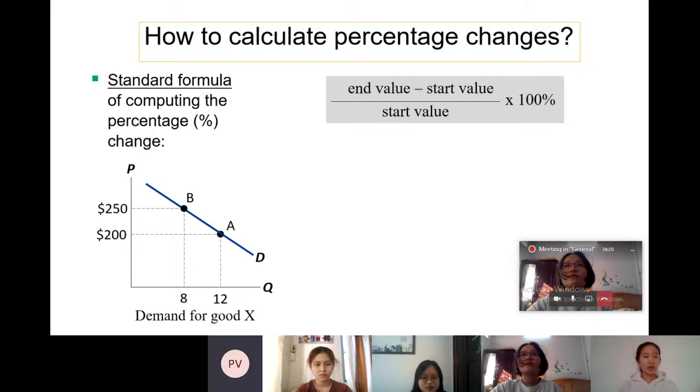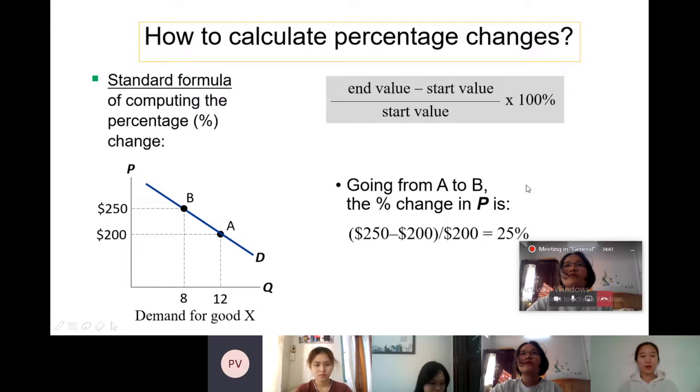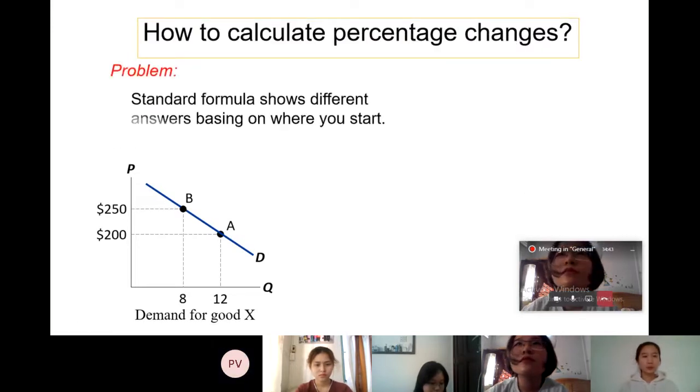This is an example of demand for good X. As you can see at point A, with the price $200, the quantity is 12. At point B, with the price $250, the quantity is 8. Going from A to B, the percentage change in price is 25%. But this formula has a problem.